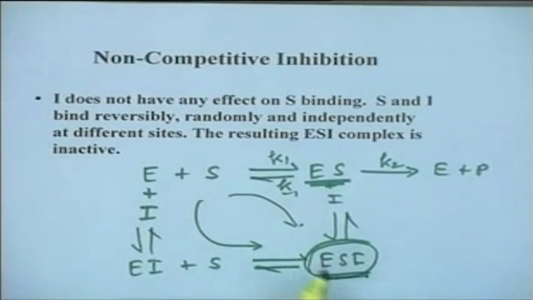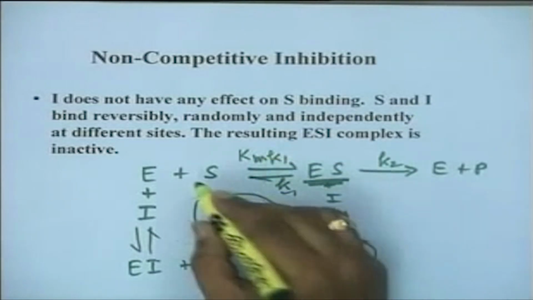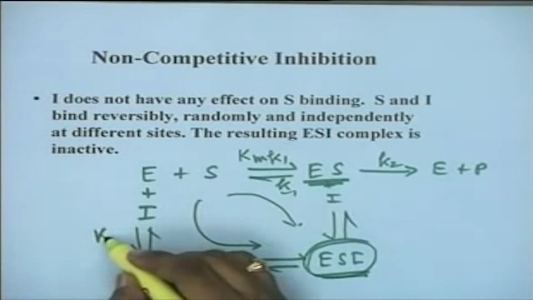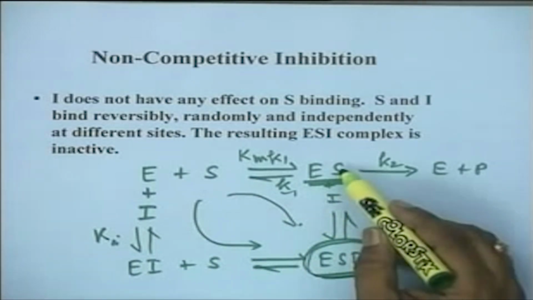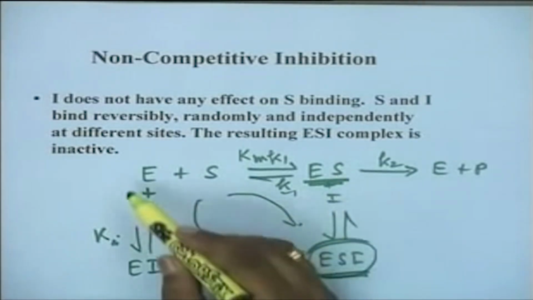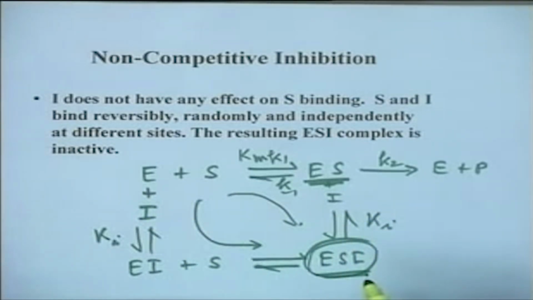And of course, in this simplistic mechanism, we notice that we have a dissociation constant Km for the enzyme substrate binding and dissociation constant Ki for the inhibitor binding. And also we assume that whether the enzyme substrate complex binds to inhibitor or the free enzyme binds to inhibitor, the dissociation constant is identical, Ki.